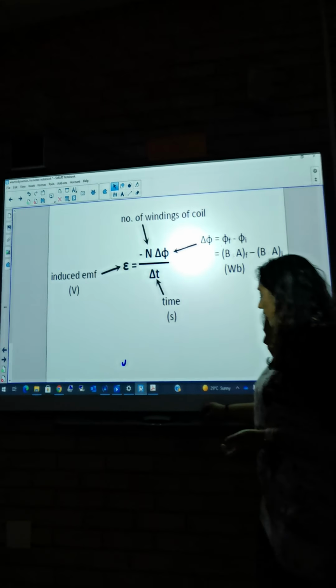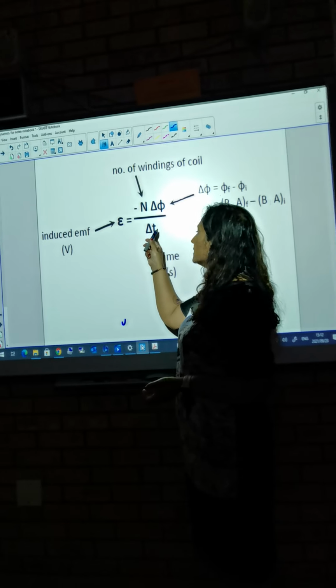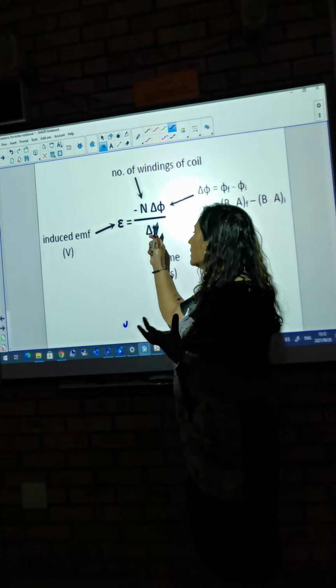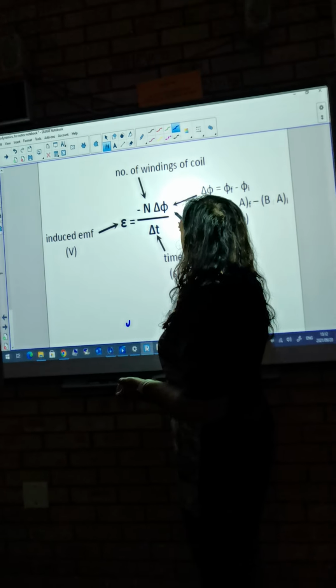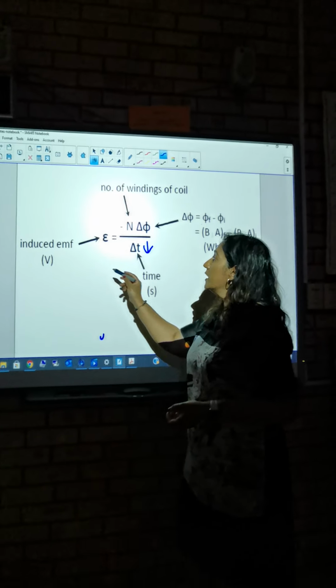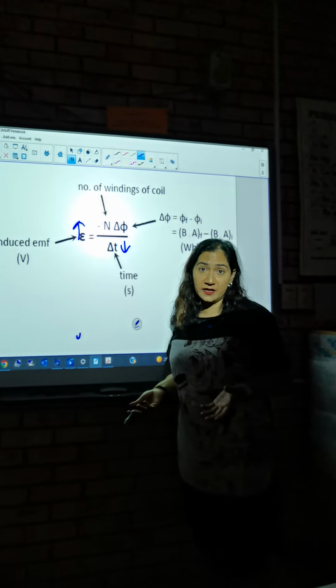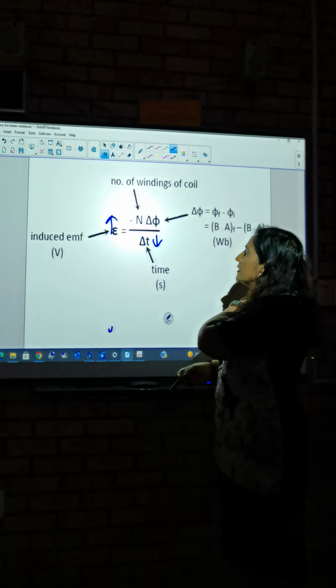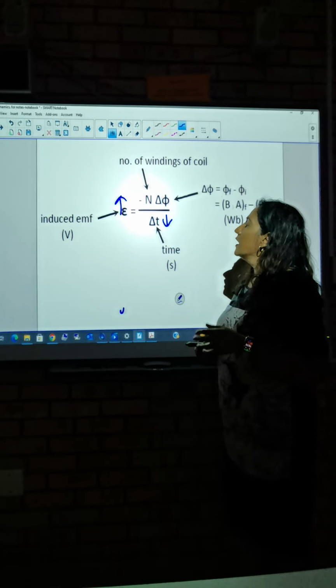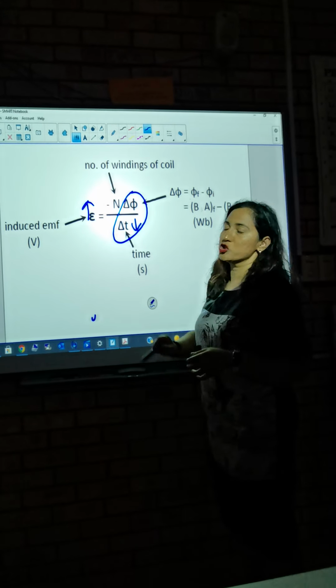And so let's just go back to this equation here, and you can see what kind of relationship is there between EMF and time. You can see it's an inverse. So if I decrease the time and I go faster, my induced EMF is going to be greater. Okay, and so we can see that that's how I'm increasing my EMF, by making the rate of change of flux greater.